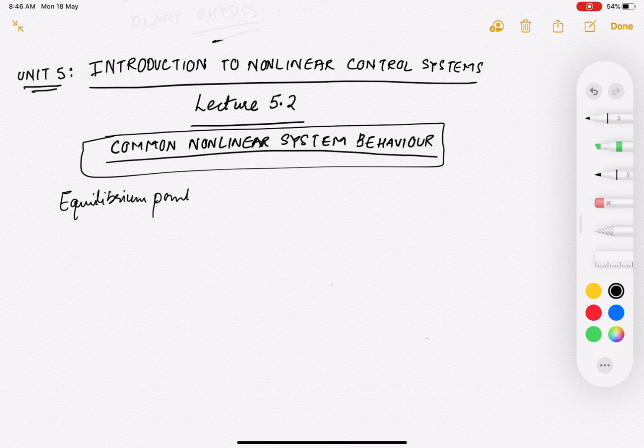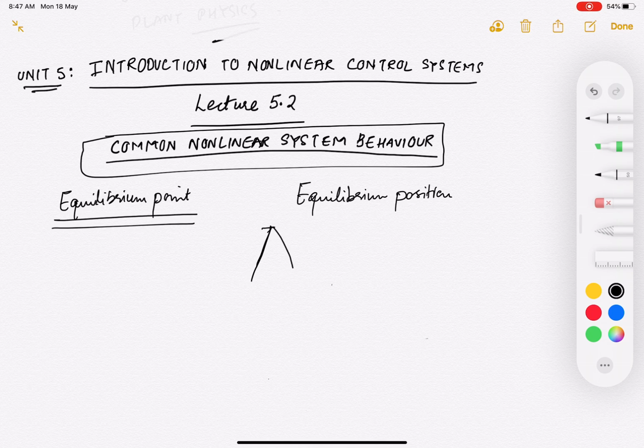So this equilibrium point you will basically understand if you remember from your physics classes that you used to study something called the equilibrium position of objects. So if you have, say, for example, something like a cone, and you place it like this on a surface, if you disturb this cone from this position to the left or to the right, and if the displacement is small, then the cone will come back to this position.